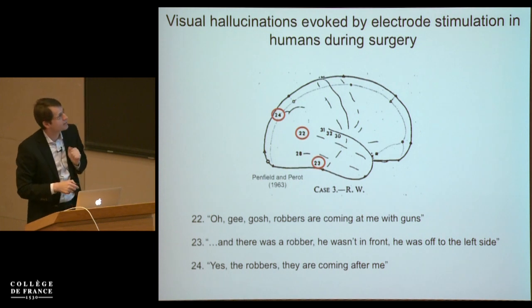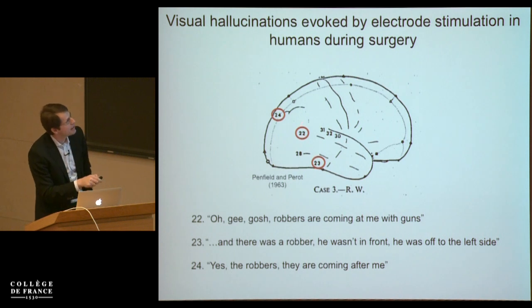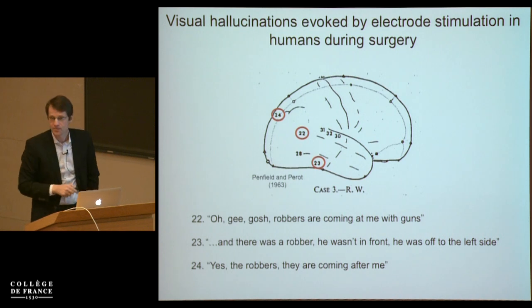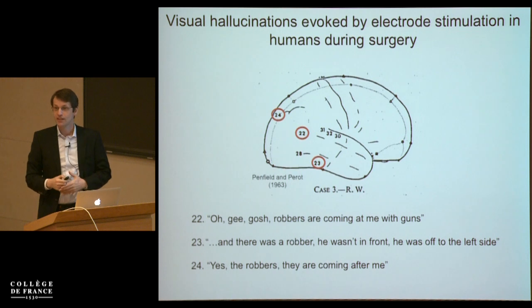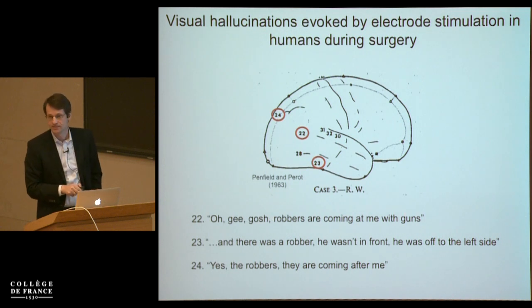The remarkable thing was that in some cases, when they stimulated different positions here, the patient, who was conscious, started to report remarkable things. When they stimulated this point, 22, the patient says, oh gee, robbers are coming at me with guns. Then they stopped stimulating.